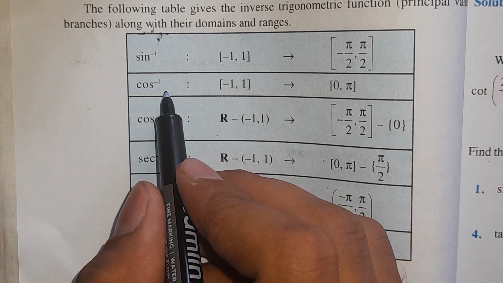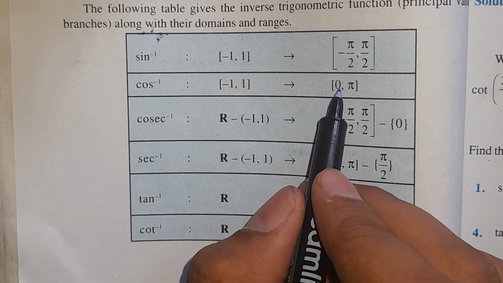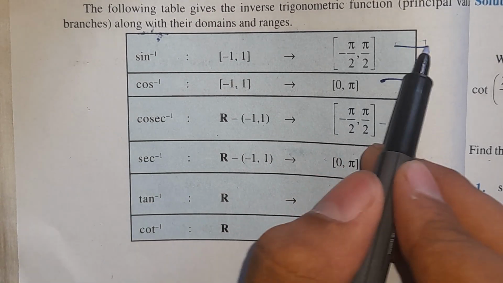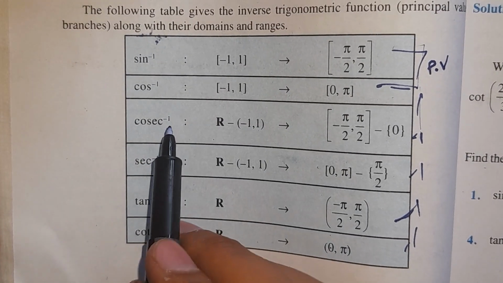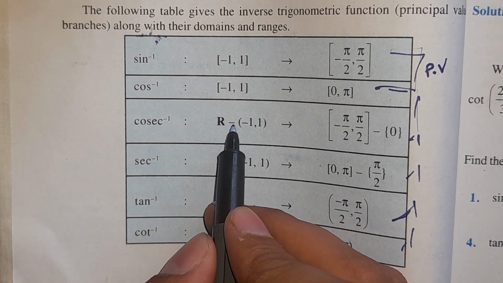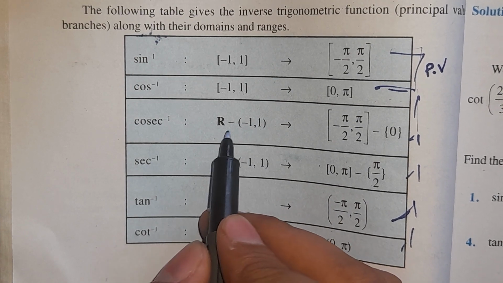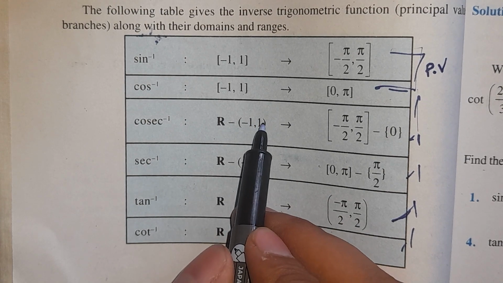Similarly, cos inverse has domain -1 to 1, and it will give values from 0 to pi. These are principal values. Similarly, cosec inverse has domain any real number except numbers between -1 and 1.